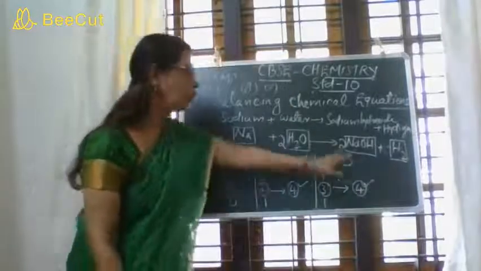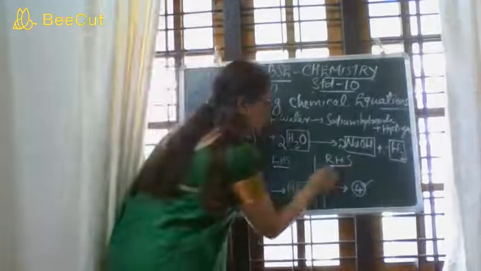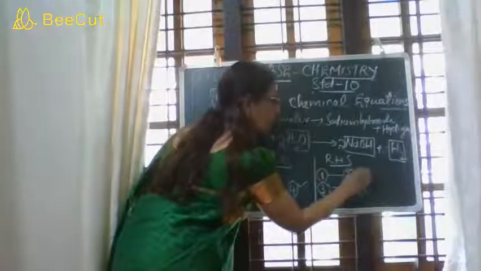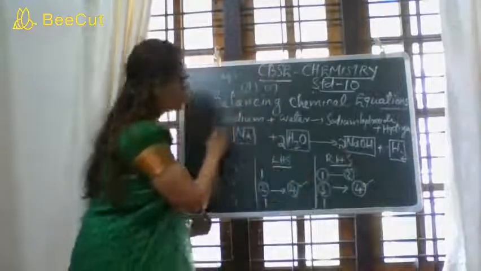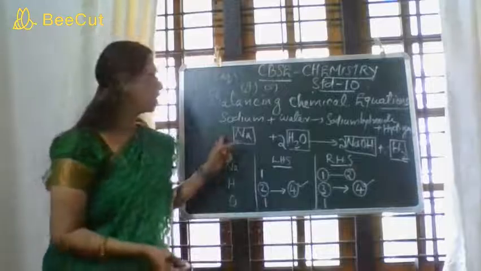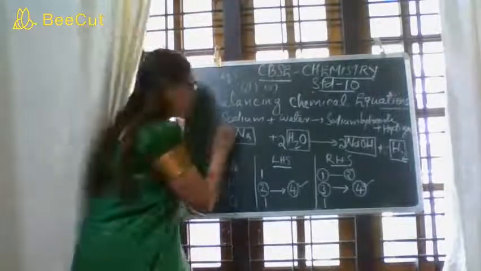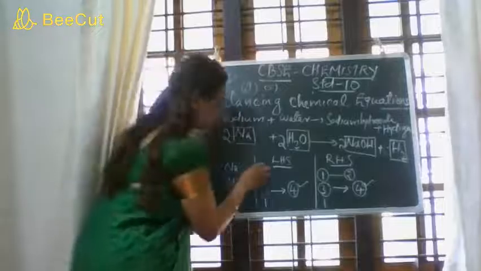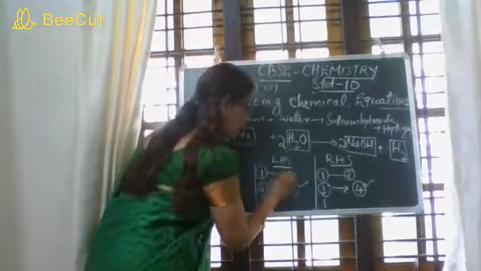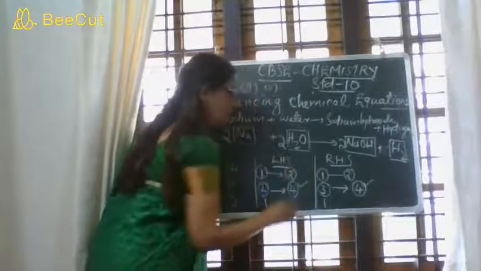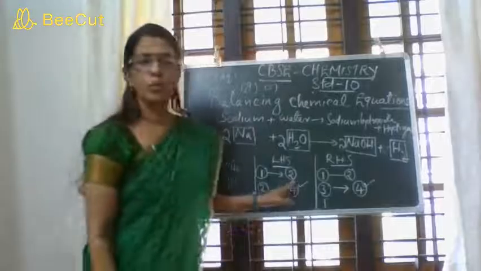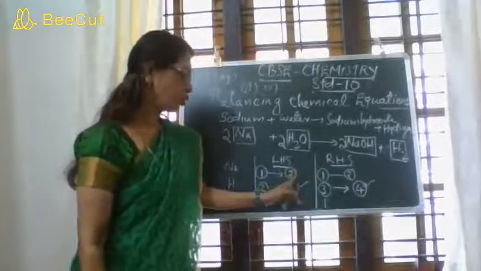And sodium, now here sodium is 2 in number. It is increased. So we have to increase the number of sodium atoms on the LHS by putting 2 here. That is 2 here, now 2 sodium.